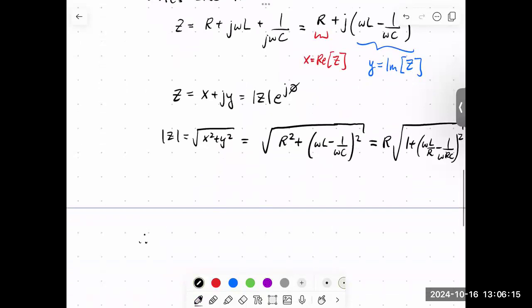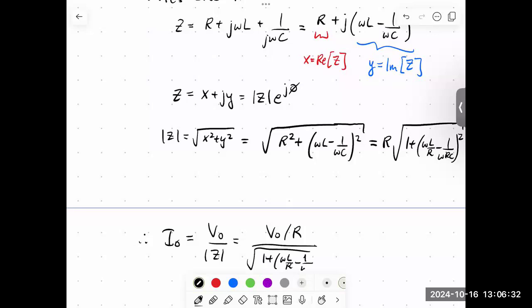Therefore, the current amplitude is V naught over R divided by the square root of 1 plus omega L over R minus 1 over omega RC, all squared.